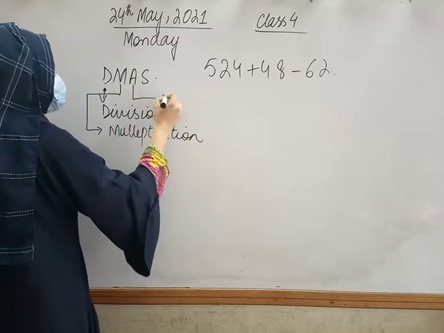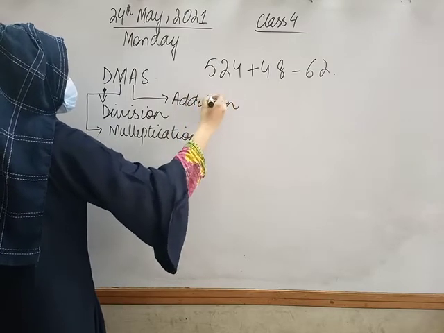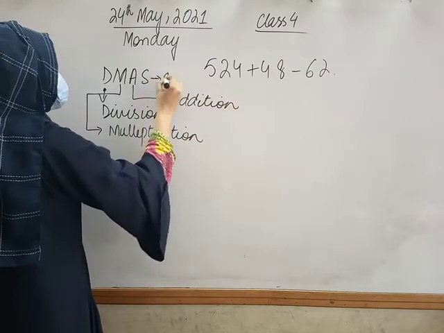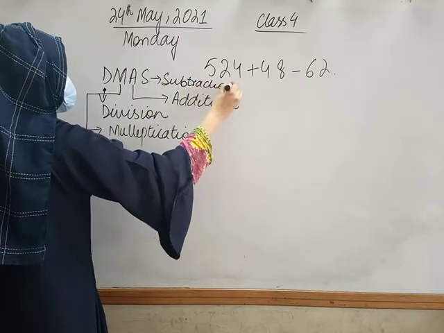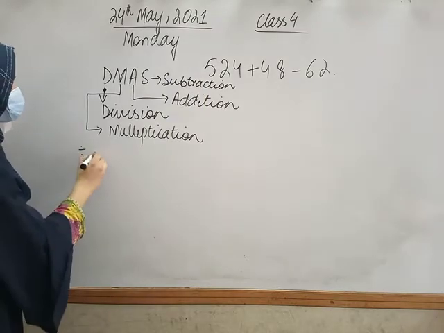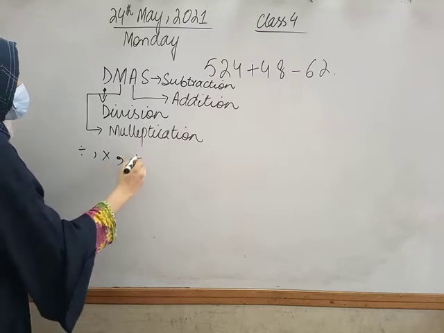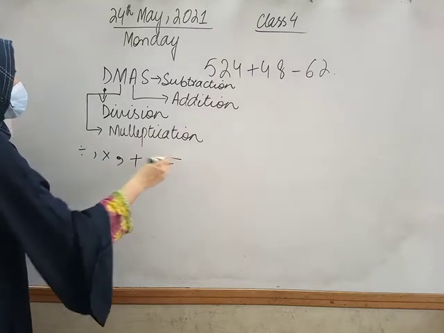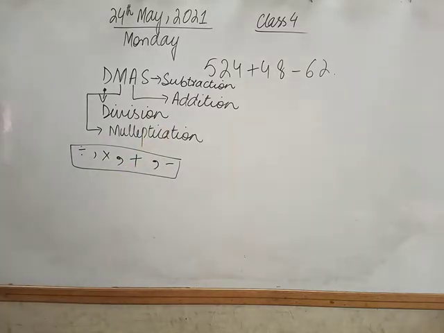Then we will solve addition. And in the end, we will solve subtraction. Isn't it, class? First is division, second is multiplication, third is addition, and in the end we have subtraction.